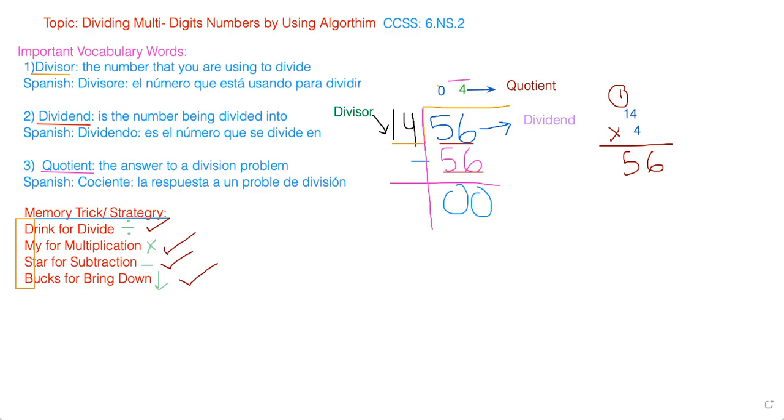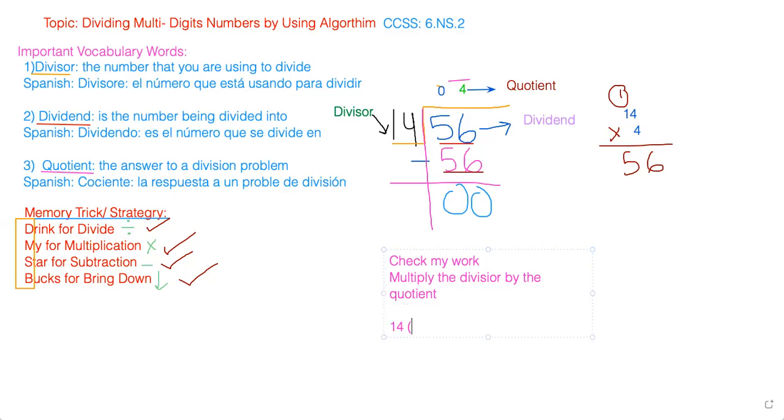But now we need to figure out how we are going to check this work. Every time you do a division question, you need to check your work. What you're going to do is multiply the divisor, which is the outside the house, by the quotient, which is the answer we got, which is on top.